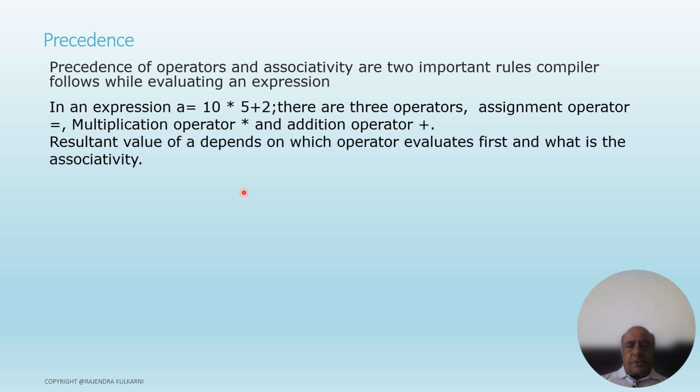There are three operators in this expression: assignment operator, multiplicative operator and additive operator. Now which operator evaluates first will give the resultant value of this expression, which will be assigned to a.